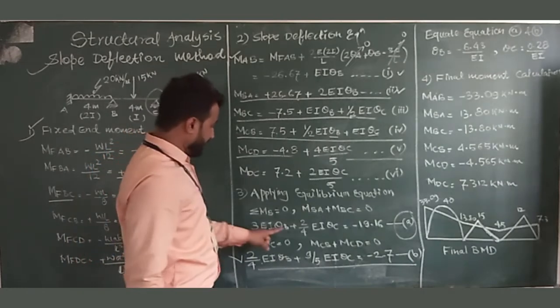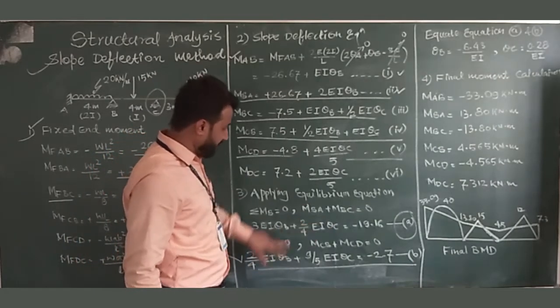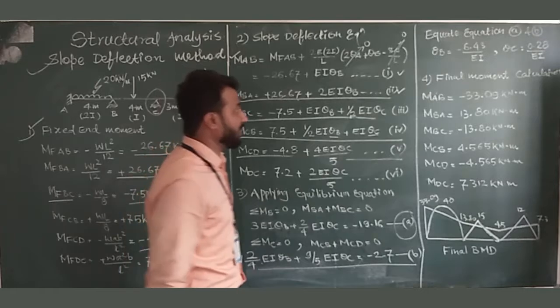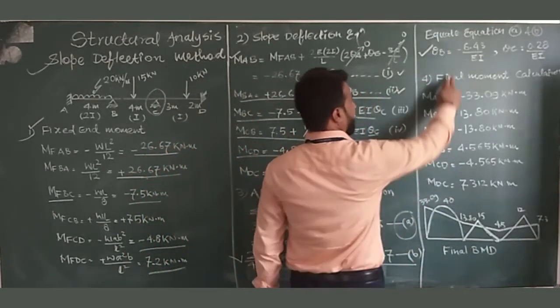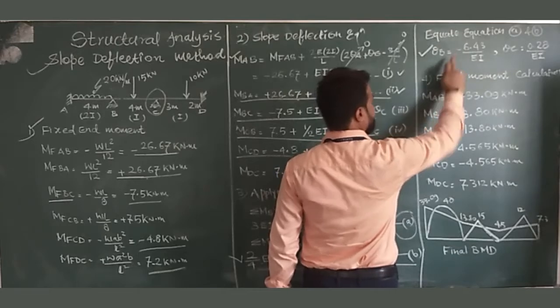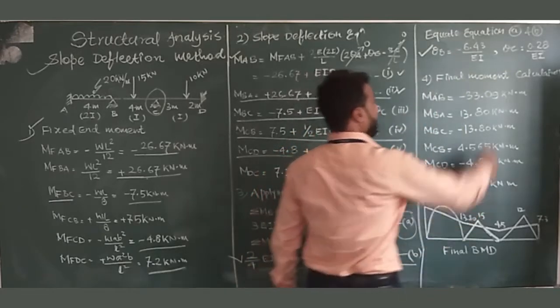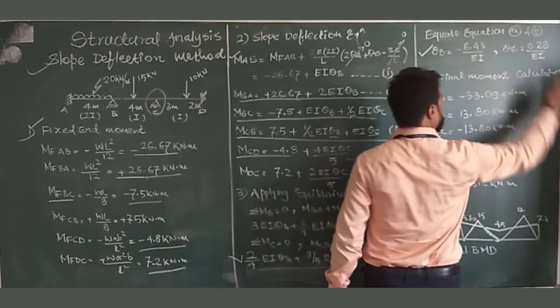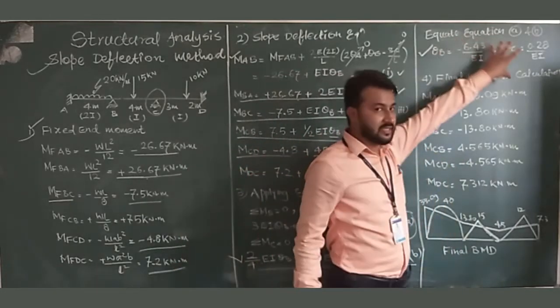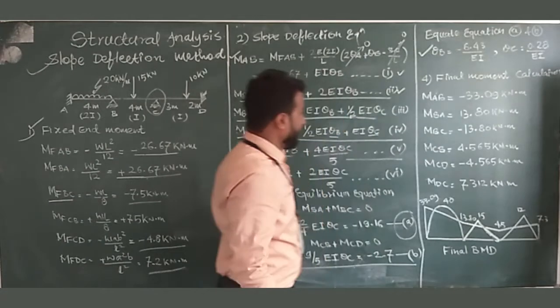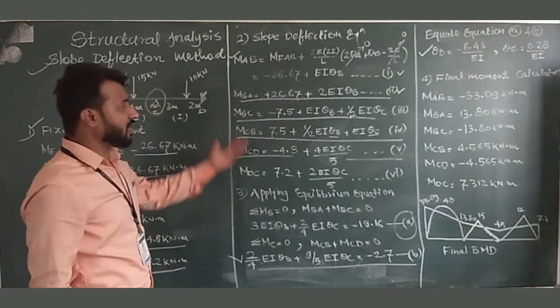Now to calculate the unknowns theta B and theta C, we have to solve both equations together, and after solving equations A and B, you will get the value of theta B as minus 6.43 divided by ER, and theta C as 0.28 divided by ER. Now we know the values of theta B and theta C, which were unknown earlier.